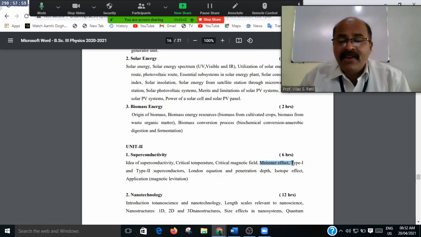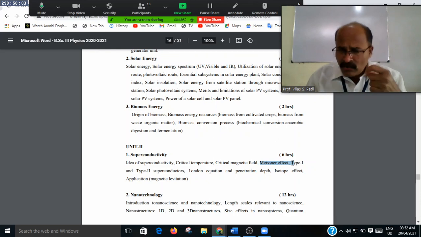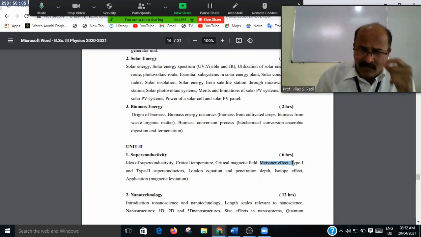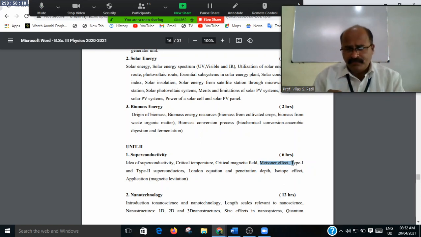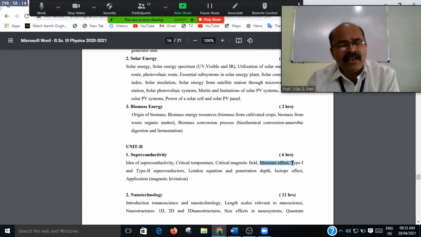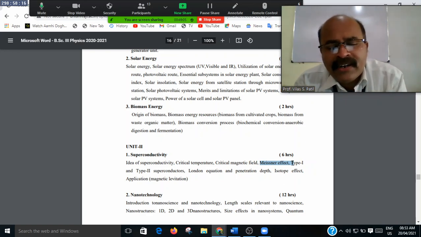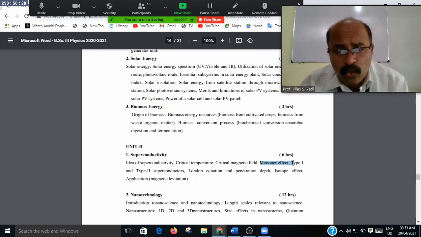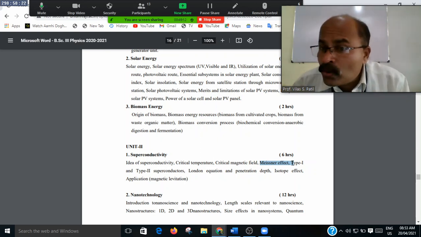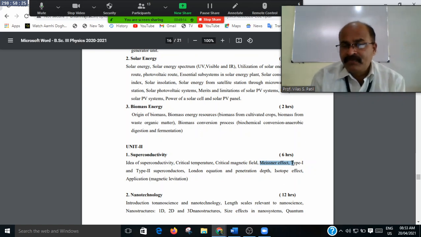According to the Meissner effect, he gives two types of superconductor: type first superconductor and type second superconductor. Type first superconductor strictly follows the Meissner effect.